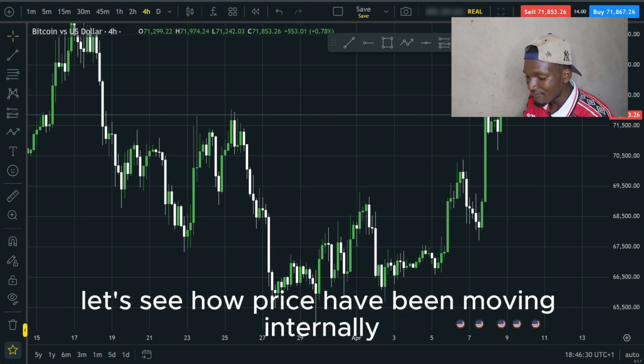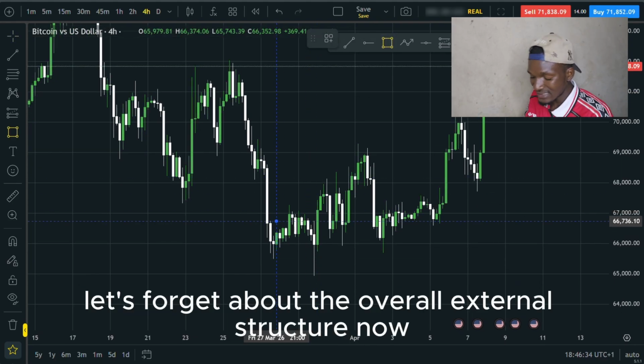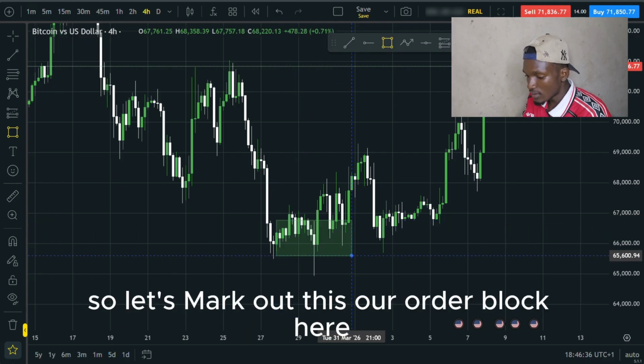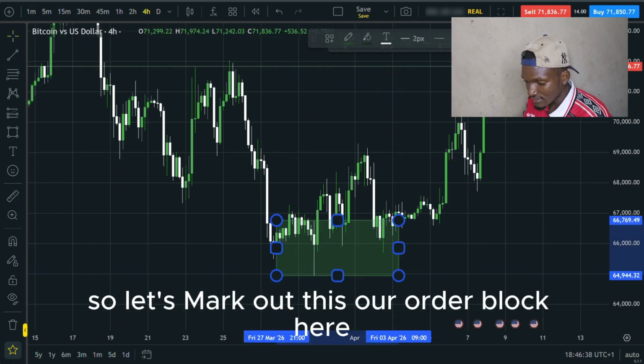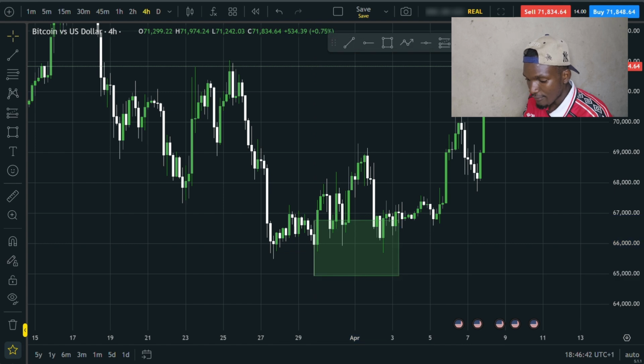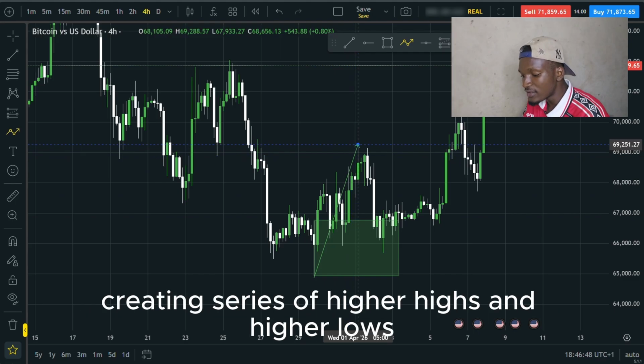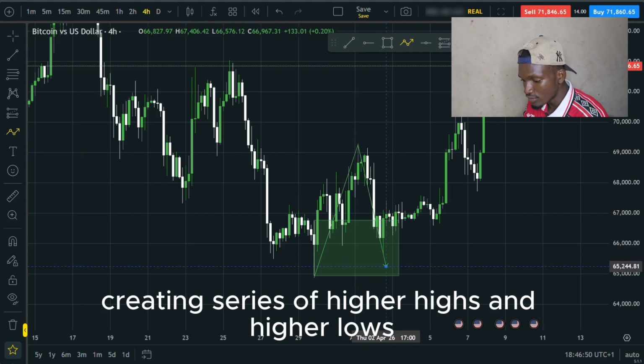Let's see how price has been moving internally. Let's forget about the overall external structure now. So let's mark out our order block here. For me, I see how price has been moving, creating a series of higher highs and higher lows.